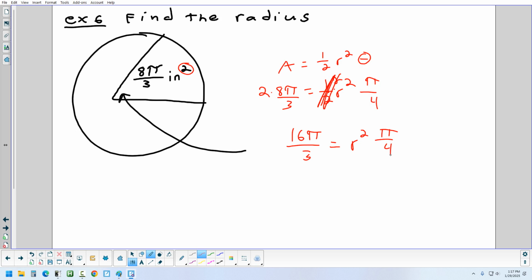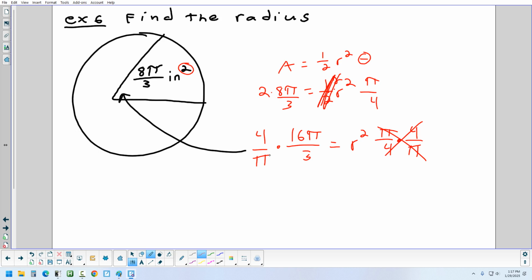How can I get rid of the pi and the 4 at the same time? Multiply by 4 over pi. Okay, so multiply by 4 over pi. That gets rid of both of those at the same time.